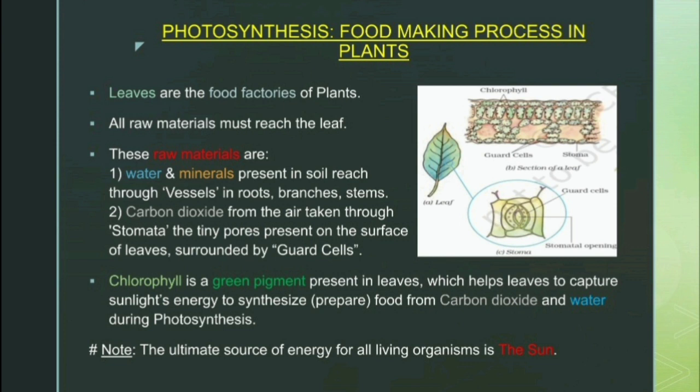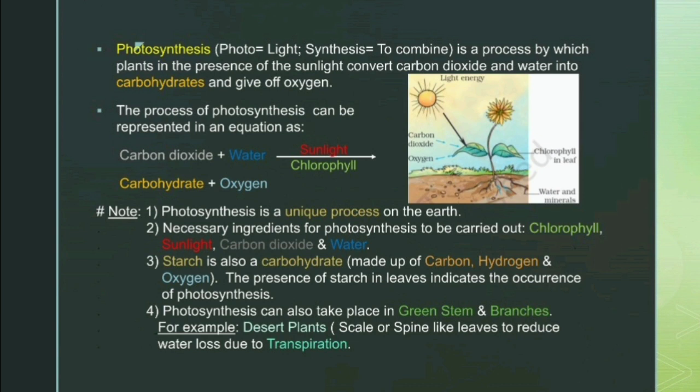And for your understanding, it can be noted that the sun is the ultimate source of energy for all living organisms on this earth. Now we have the definition of photosynthesis, that is a process by which plants in the presence of sunlight convert carbon dioxide and water into carbohydrates and give off oxygen.